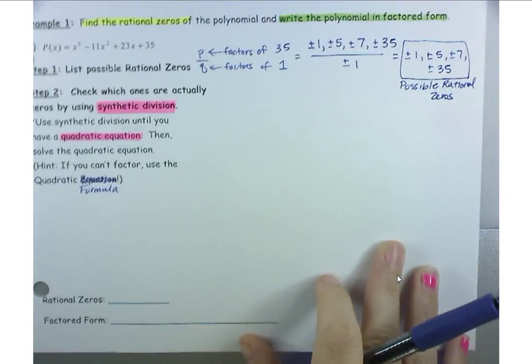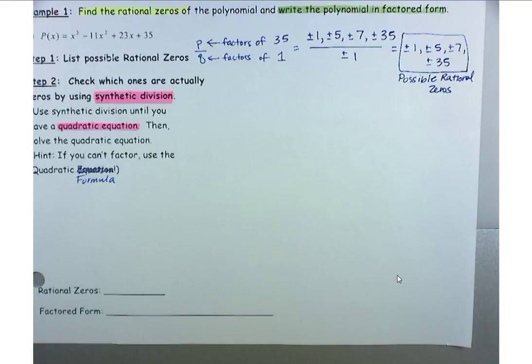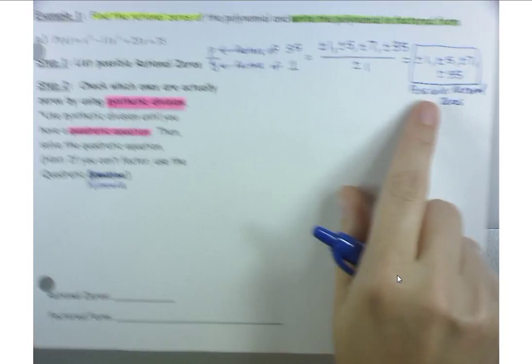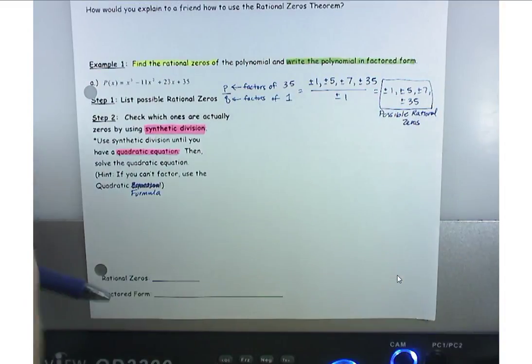Alright, so if you want to check which ones are actually zeros, let's talk about all the possibilities. How many possibilities do I have here? I have 8, right? 1, negative 1, 5, negative 5, 7, negative 7, 35, negative 35. You can just guess and check every single one until you find one.